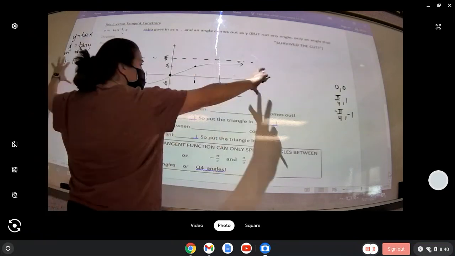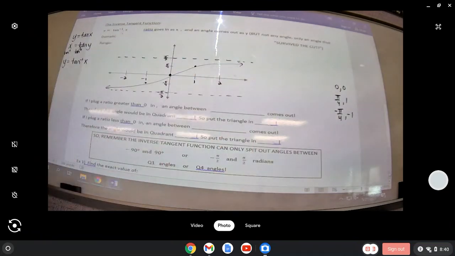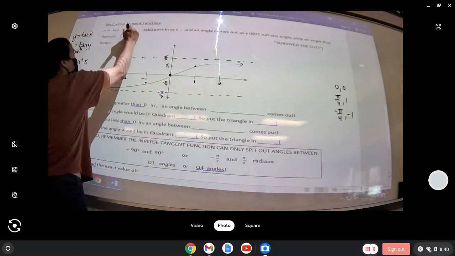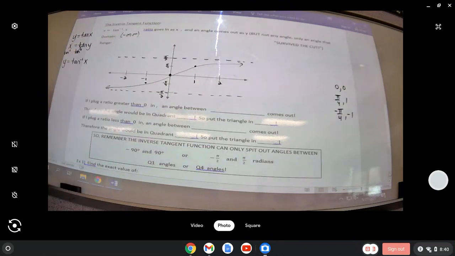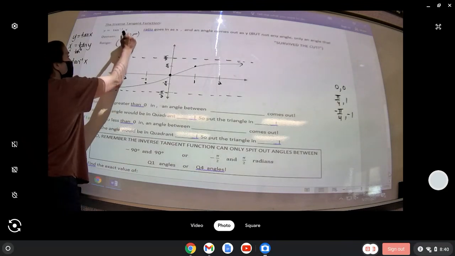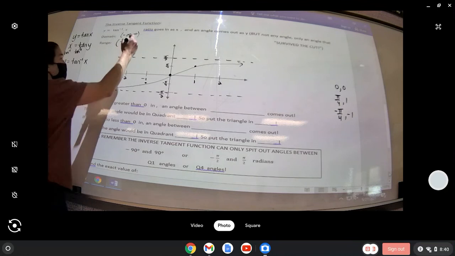So now you have endless ratios that you're allowed to plug into the inverse tangent. Those ratios go in as x, but now the angles it's capable of spitting out are sandwiched in the middle of negative pi over 2 and pi over 2. But they don't include negative pi over 2 and pi over 2. So you can't actually get those angles out. It just goes right up into them. So you can't include them like we could include them on the other inverses.